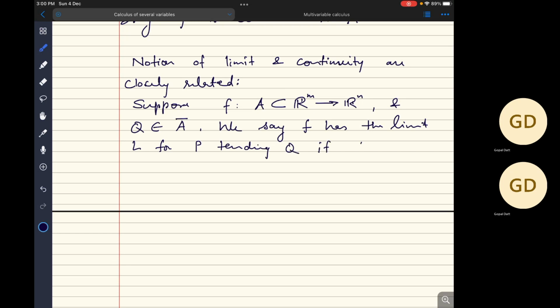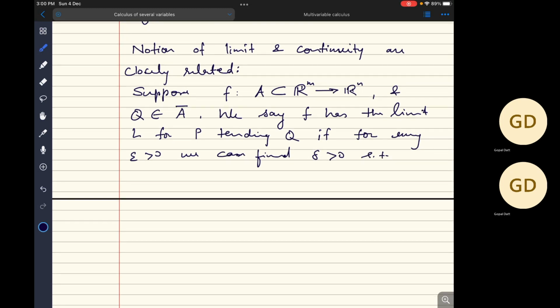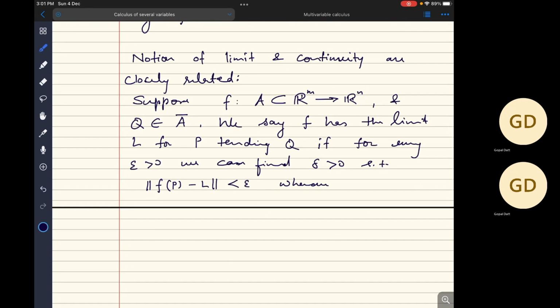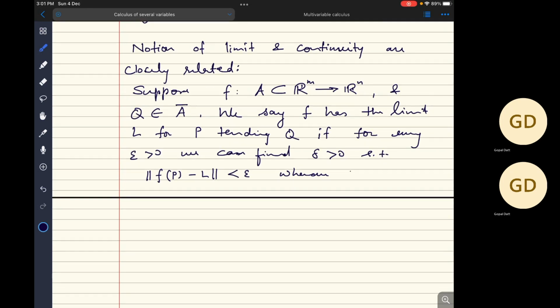if for every epsilon positive, we can find a delta which is again positive, such that norm of f(p) minus L is less than epsilon whenever p is in A, and in fact p lies in a deleted neighborhood of q.